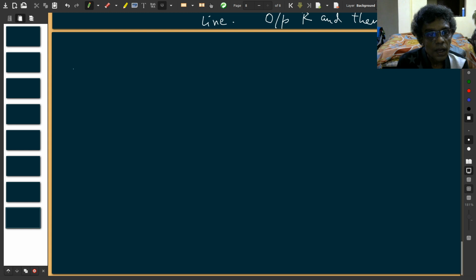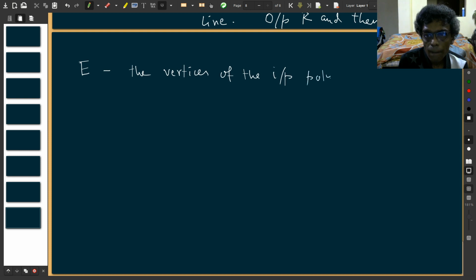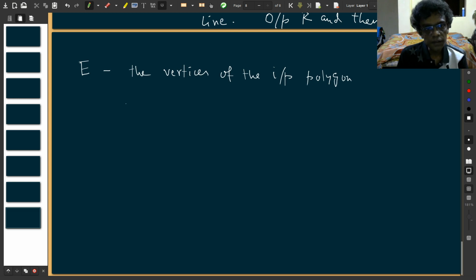Now in this case, the event queue is just the vertices of the input polygon. So what do you do with these vertices?